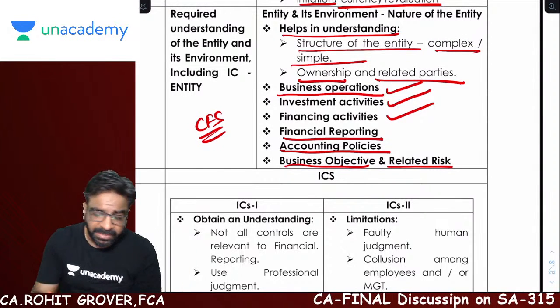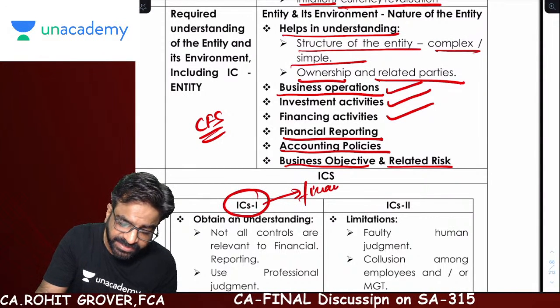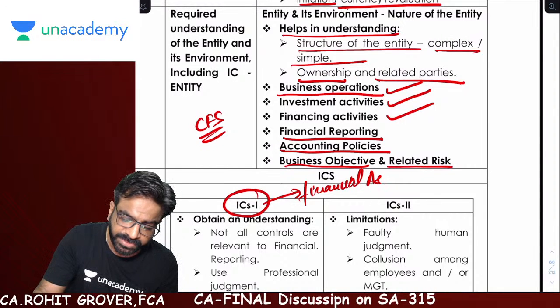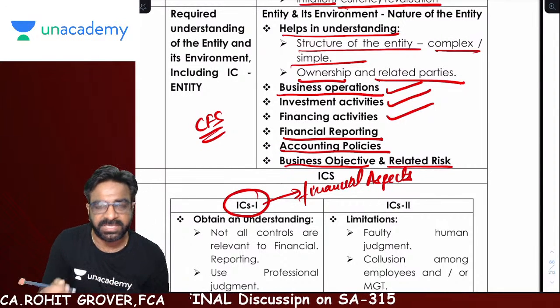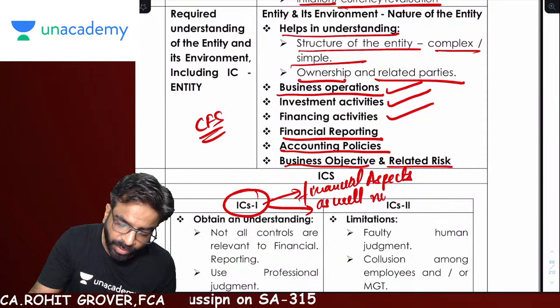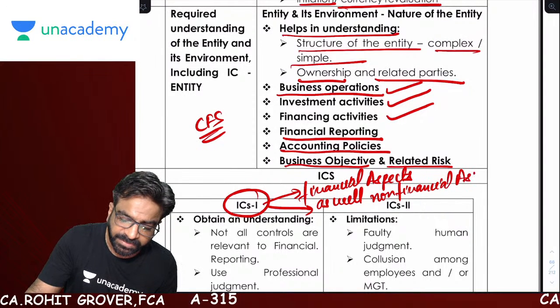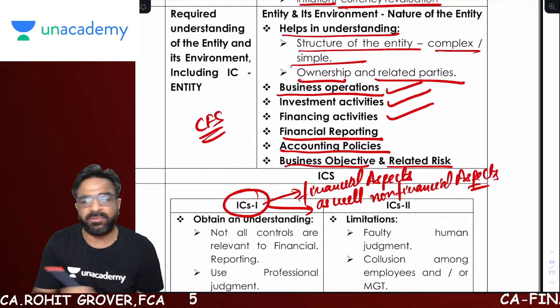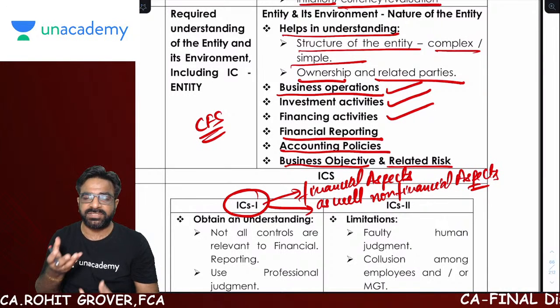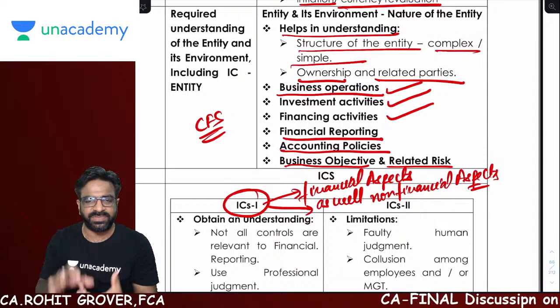Remember one thing, internal control systems are not only limited to financial aspects, they are limited to financial as well as non-financial aspects. Sometimes the auditor fails to understand the level of risk because most auditors concentrate only on the financial aspects of the internal control systems of the entity.